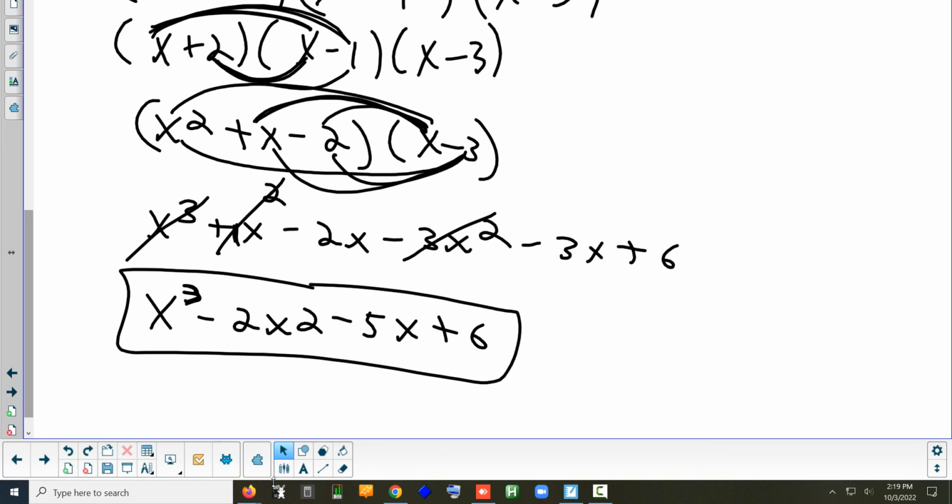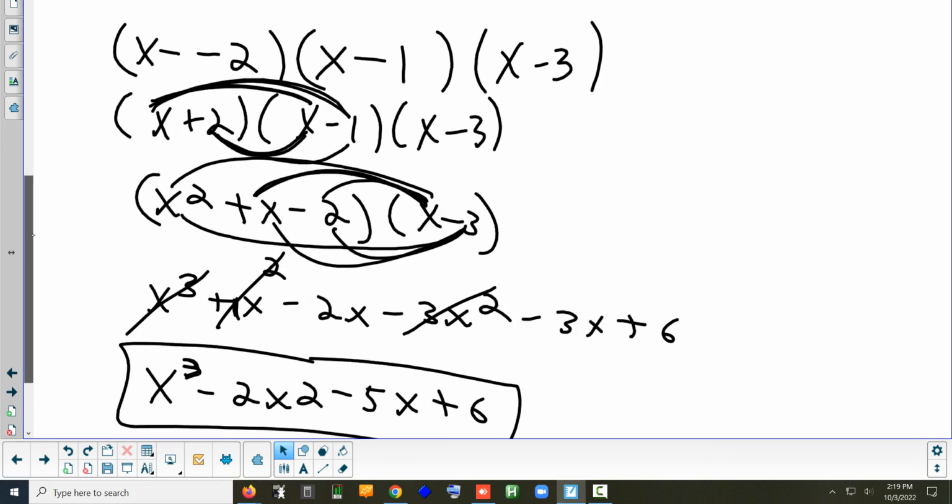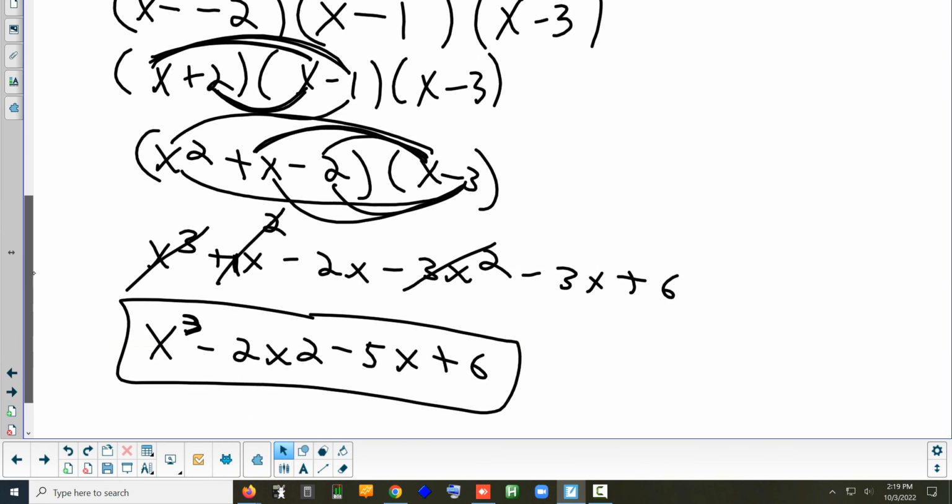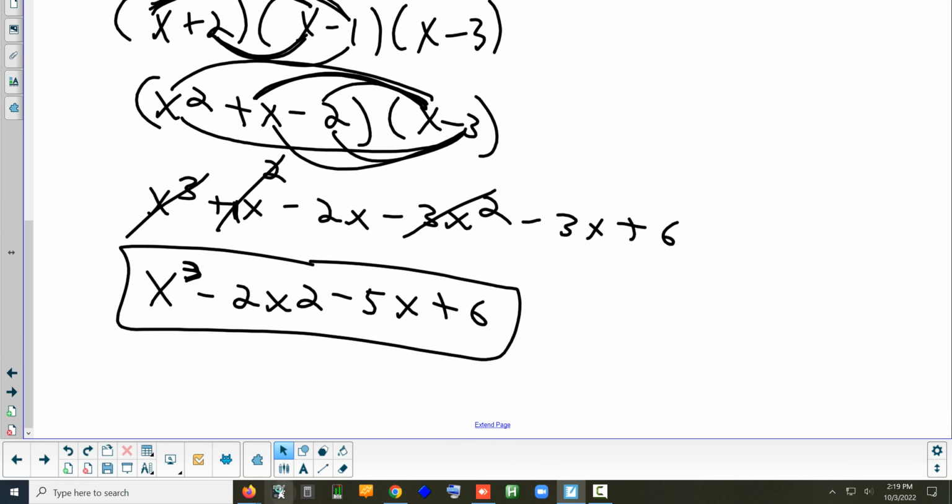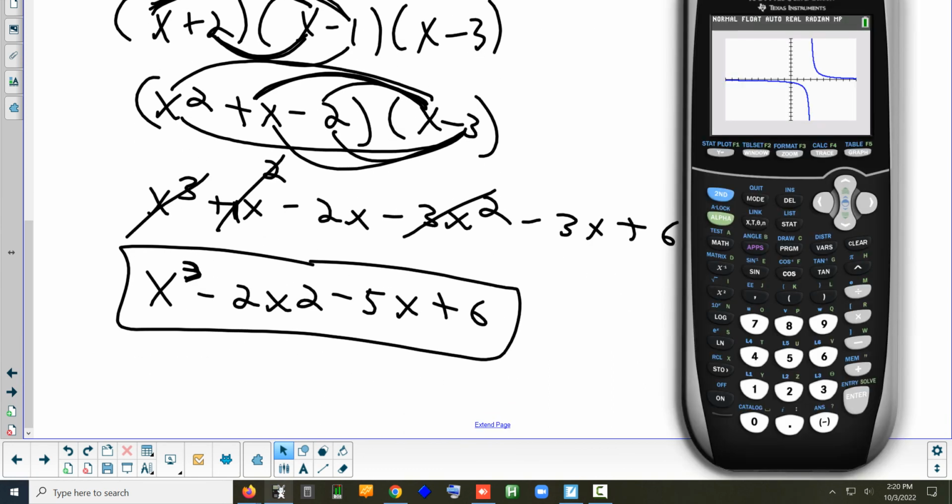Let's graph that and see if it does cross the x-axis at negative 2, positive 1, and positive 3. If it does, then we know we did it right. Graphing it is not part of the question. They didn't say you had to. I just want to know if we did it right.